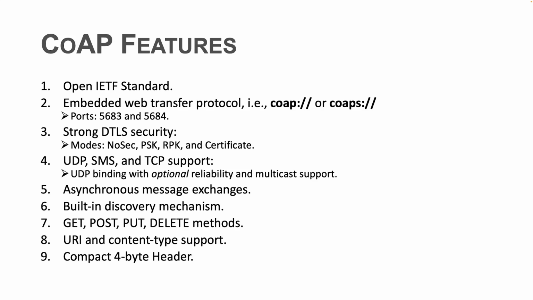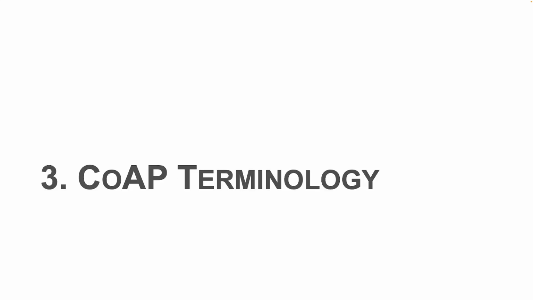It also supports all the basic methods of HTTP: GET, POST, PUT, and DELETE. And finally, it supports URIs, but it does it in a very compact binary 4-byte header with options. Finally, CoAP comes with the ability to do subscriptions and even block transfers of larger files.